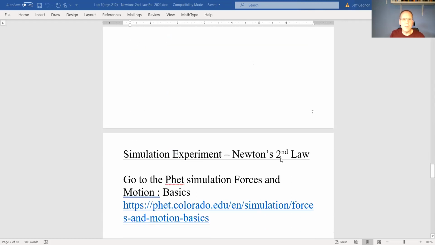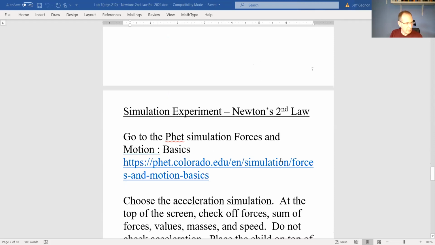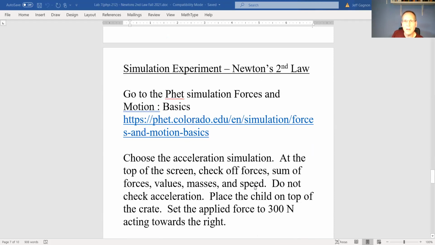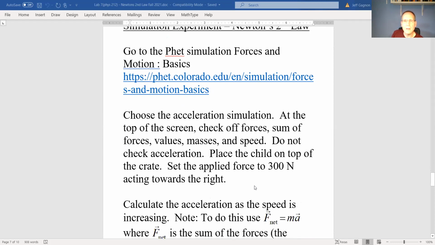All right, and then there's one last part of this lab that involves a simulation. So I'll show you guys the simulation in 1 minute. Actually, let me go to that right now. So you're going to click on this link and go to this PhET simulation, Forces in Motion.